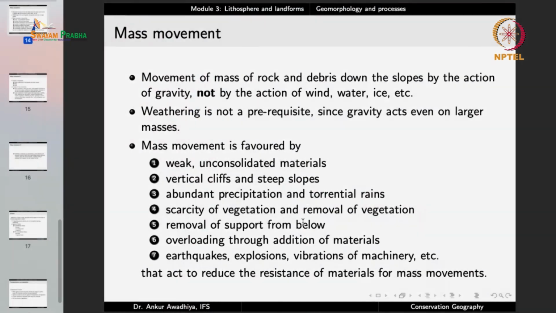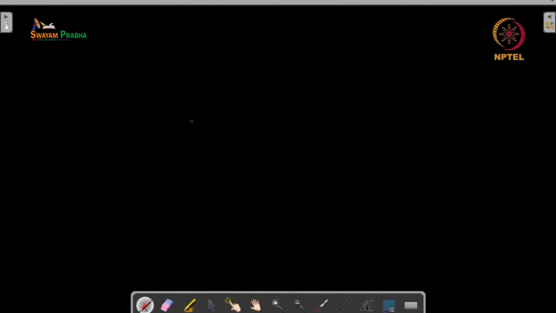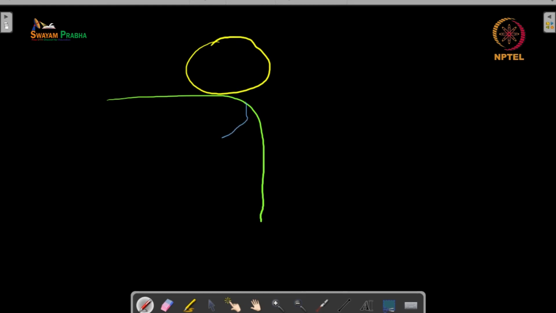Removal of support from below. Suppose you consider a cliff that is like this, and you have a rock on the top, and through the process of erosion, now this portion has been eroded like this.